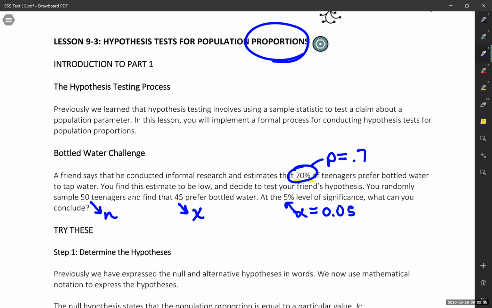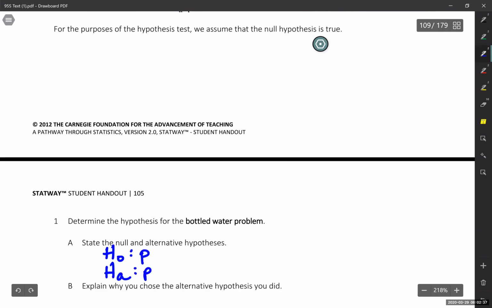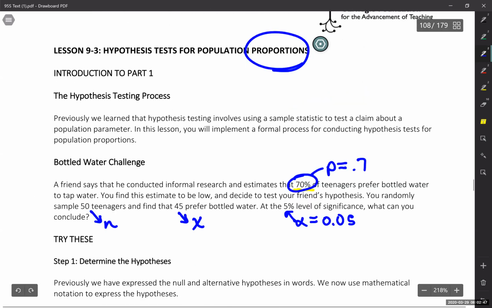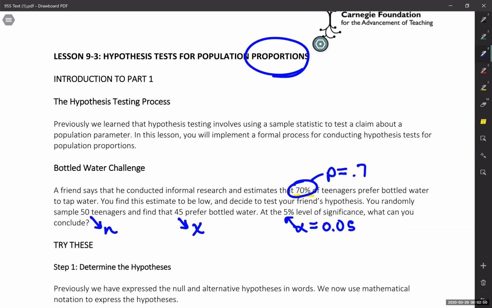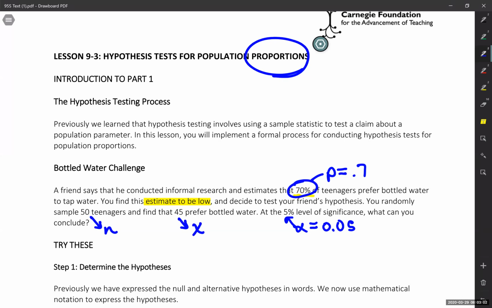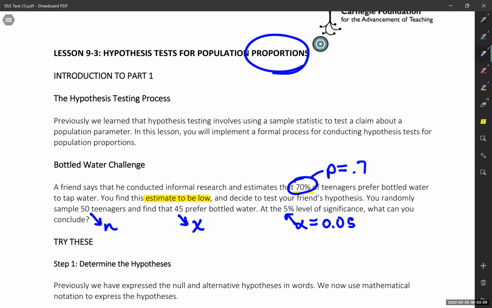We said that P is equal to 0.7. So that will be our null hypothesis at 70%. For the alternative, what are we claiming? You find this estimate to be low and you want to test the hypothesis. So if you find the estimate to be low, that means you're guessing that it should be bigger than that.